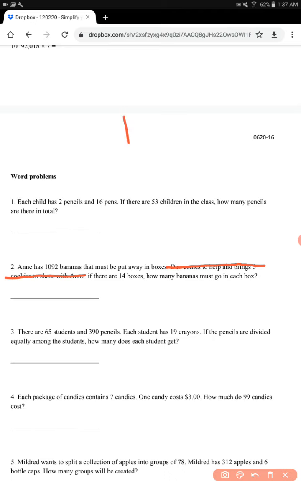So there's 1,092 bananas and there are 14 boxes. So 1,092 bananas must be grouped and divided into 14. So you just divide 1,092 by 14.